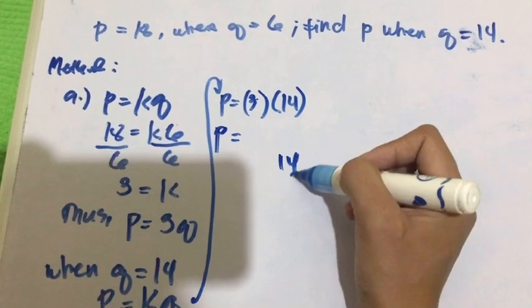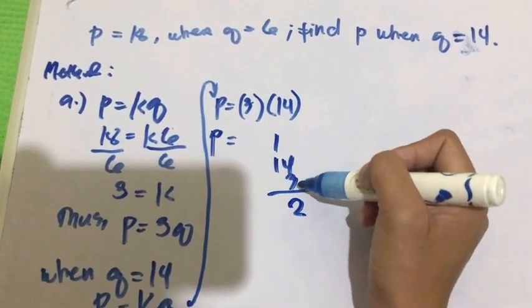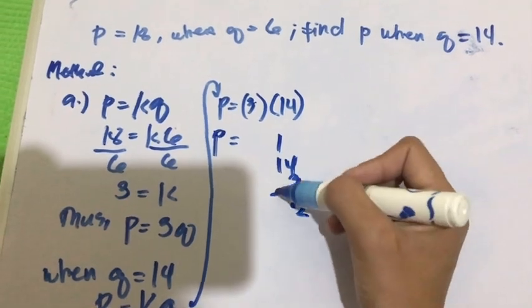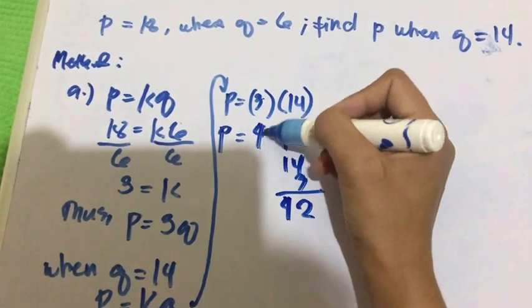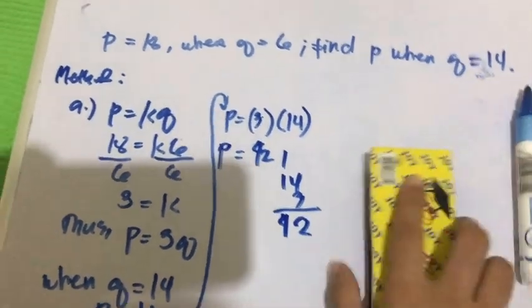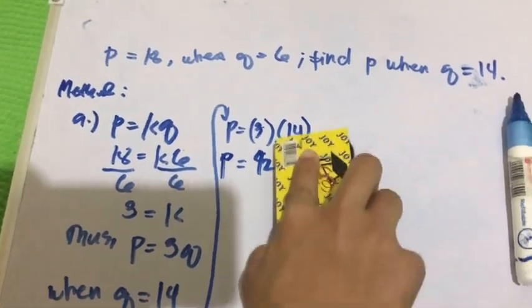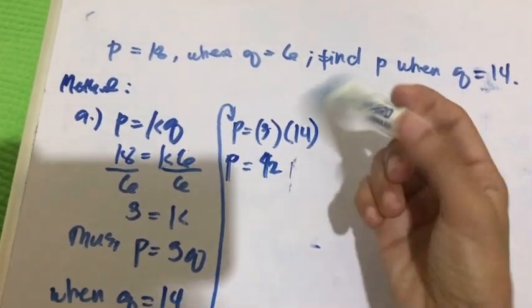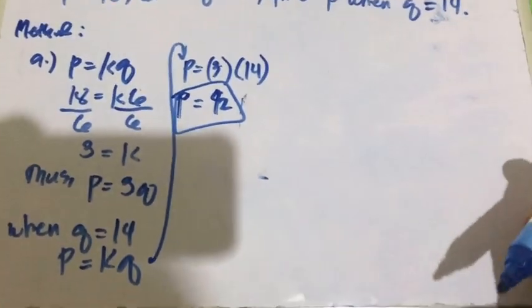How much is it? 14 times 3, 4 times 3, 12, 1 times 3, 3, plus 1, so we have here 42. So this is the value for our P using the first method, or method A.